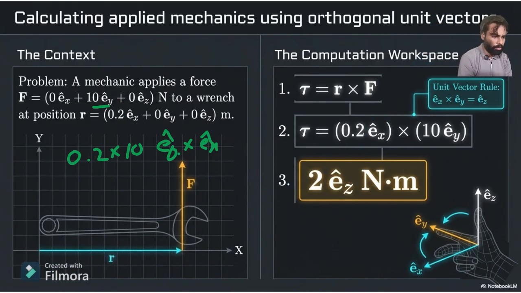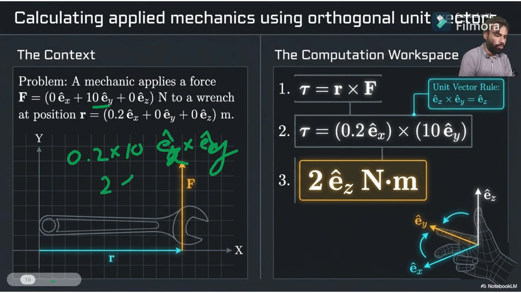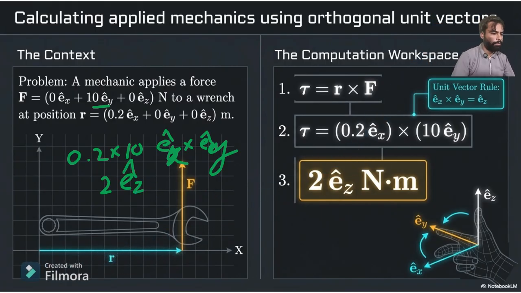We are doing r cross f, so ex cross ey, otherwise the sign will be changed to minus. ex cross ey is ez, so it will be 2 ez, in newton-meters, as that is the unit.